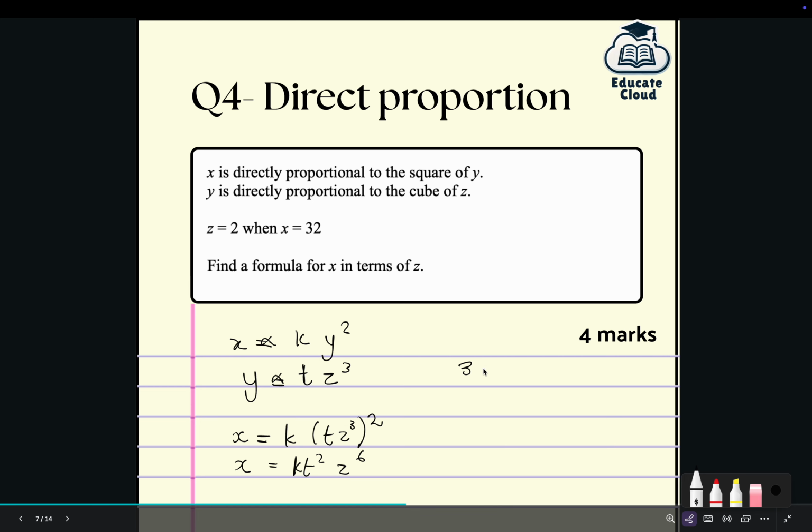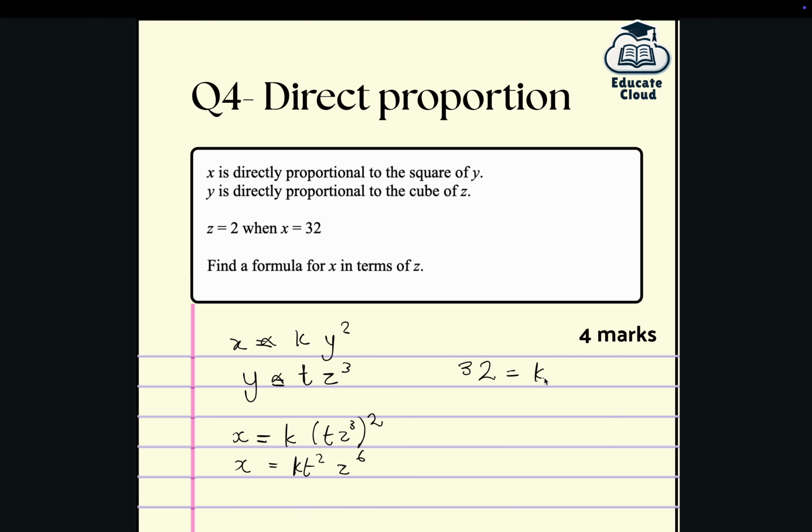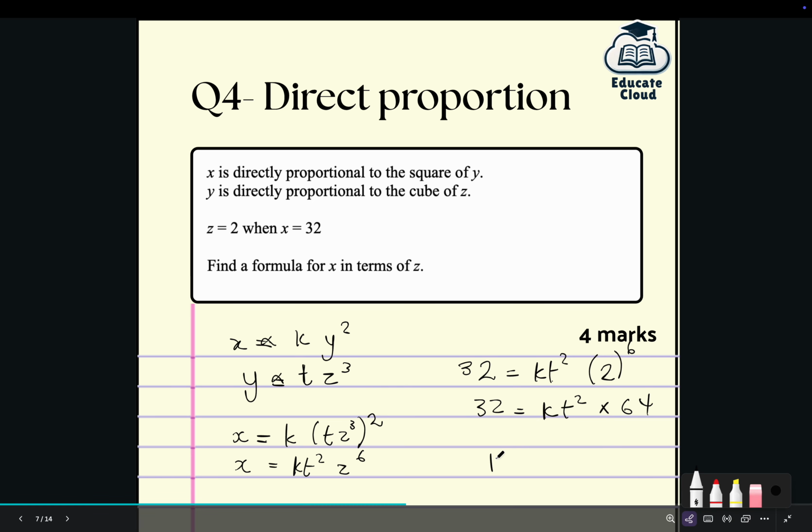So then I'll get 32 is equal to kt squared, and then z is 2, so 2 to the power of 6, okay, which is 64. So 32 is equal to kt squared times 64. And then I could get kt squared is 32 over 64. Okay, which is just a half.